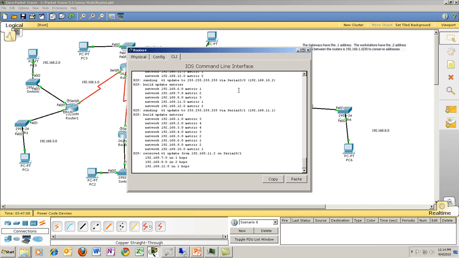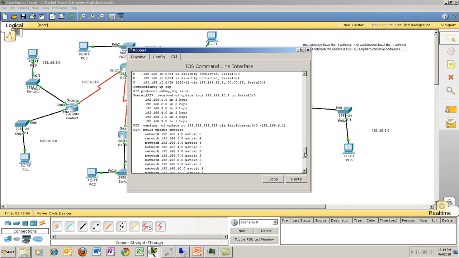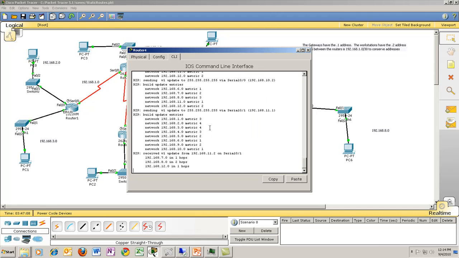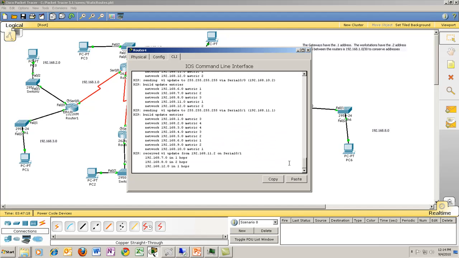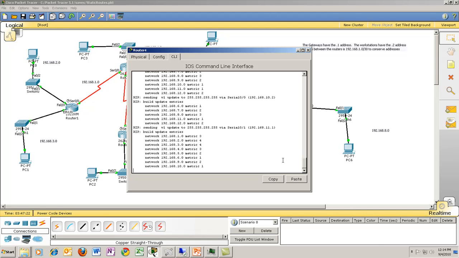Just to show you the chatty, I paused it there for a second and turned on debug IP RIP, and then we get some broadcast traffic, some route sharing information. RIP received, RIP build, RIP sends update. So you can use the debug IP RIP in order to see what it is sending. And here we go again with a whole bunch of other things.